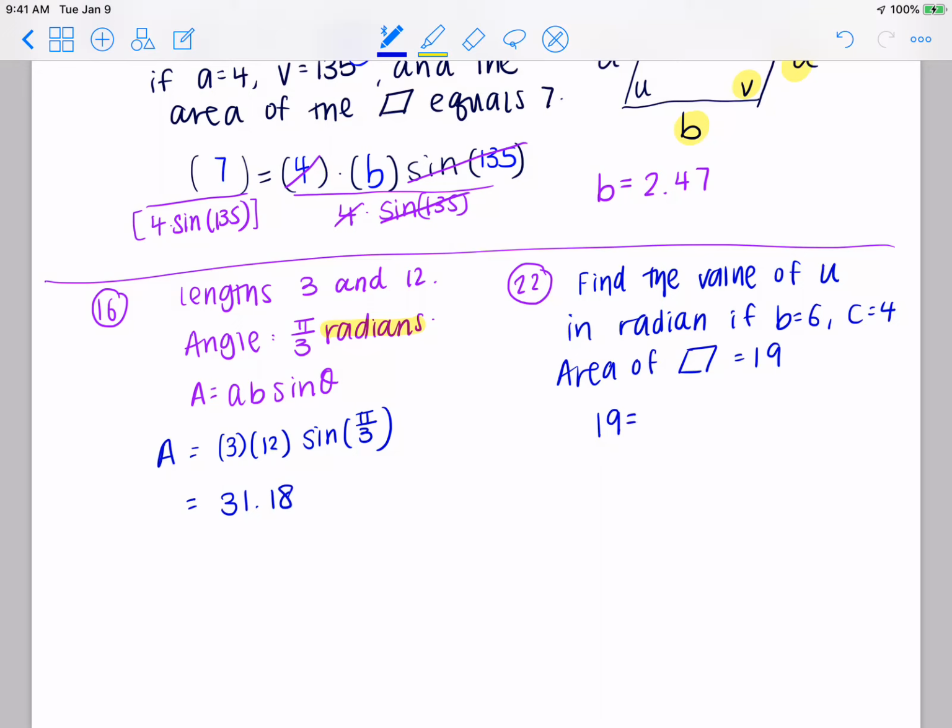Substitute, we got 19 equals 6 times 4 times sine theta. It doesn't really matter which sides equal b and c, so just keep those numbers there, 6 and 4, and sine theta. Move your items to the other side. We got 19 over 24 and inverse sine of that. You should have gotten 0.91.